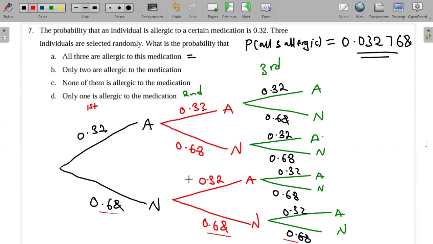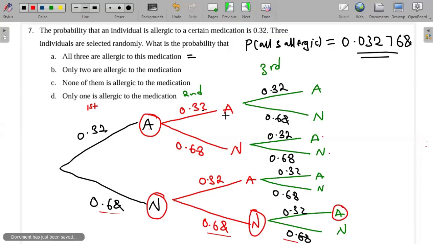Okay, it can be allergic and then not allergic, not allergic. So there's only one who is allergic. Okay, or it can be not allergic, not allergic, and then allergic. So there's only one again there. Okay, so I'm going to add those. Is there any combination there where I also get one allergic in the sequence, apart from those two that I've identified?